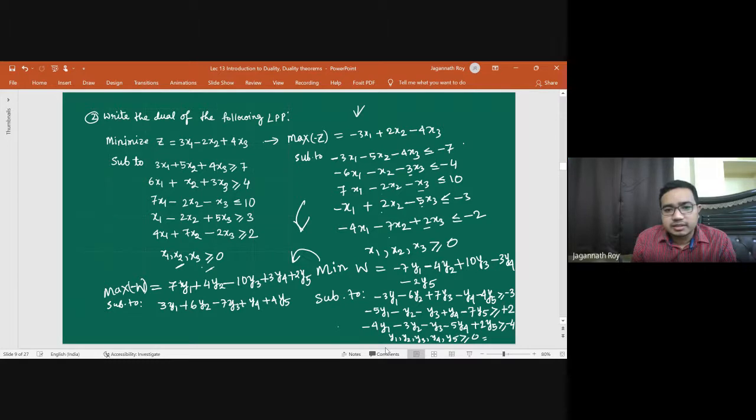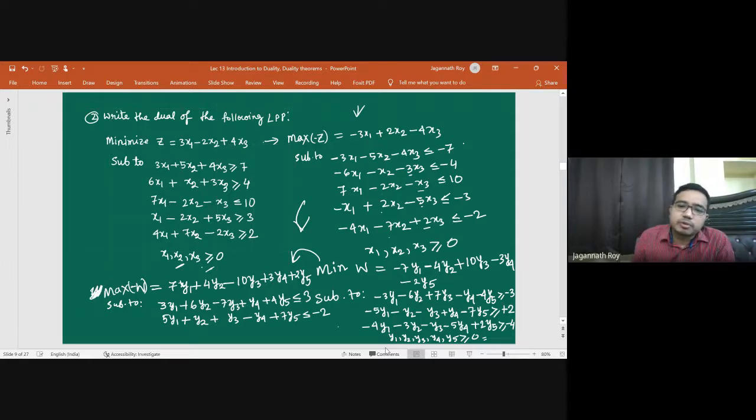Less than or equal to 3. Multiplying with minus 1, the second constraint will become 5y1 plus y2 plus y3 minus y4 plus 7y5. The right-hand side is plus 2, so this will become minus 2 because the problem is in maximized form.